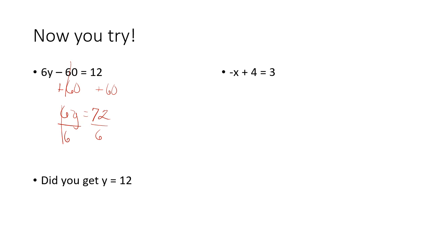What about this one here? What did you get? Go for it. Did you get 1? That one was a little tricky, but not that hard. So negative 4 on both sides.